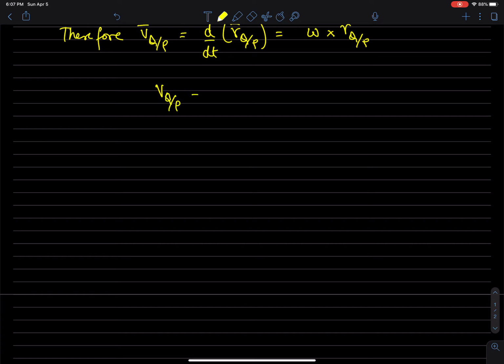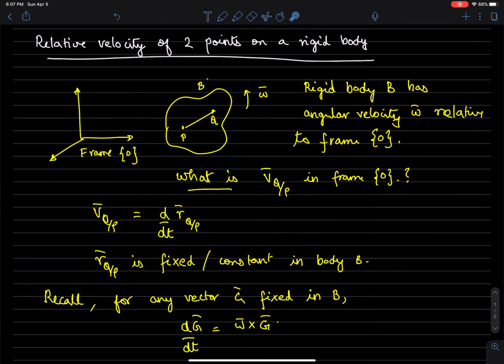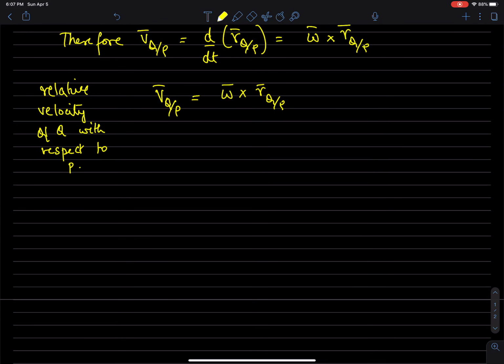VQ with respect to P equals omega cross RQ with respect to P. This is the relative velocity of Q and P with respect to P, where Q and P are 2 points on a rigid body.